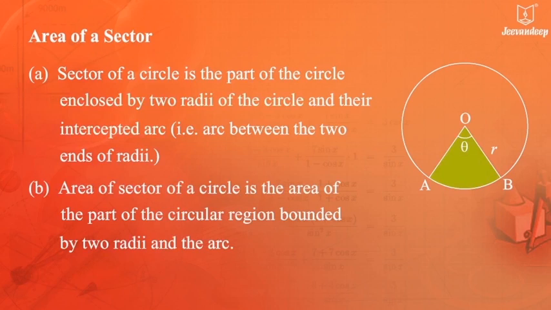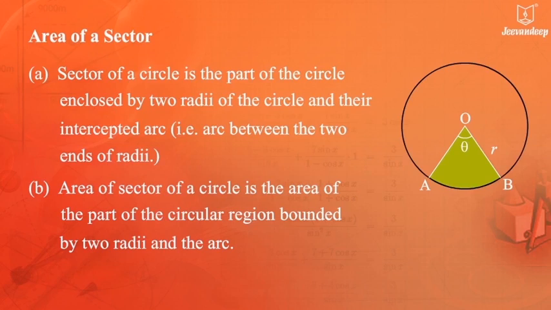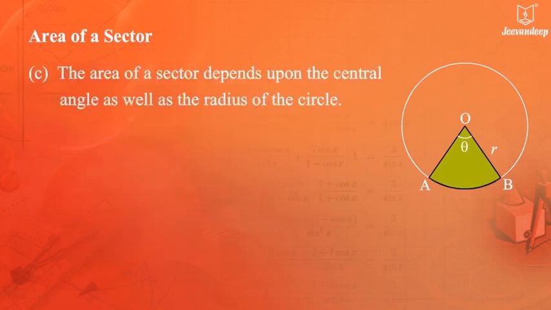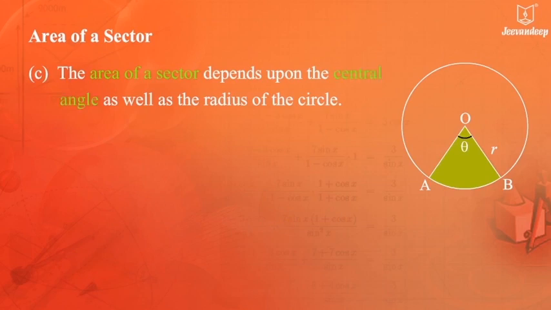B. Area of sector of a circle is the area of the part of the circular region bounded by two radii and the arc. C. The area of a sector depends upon the central angle as well as the radius of the circle.